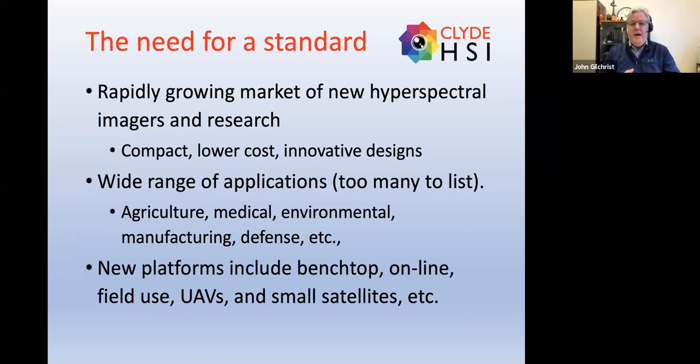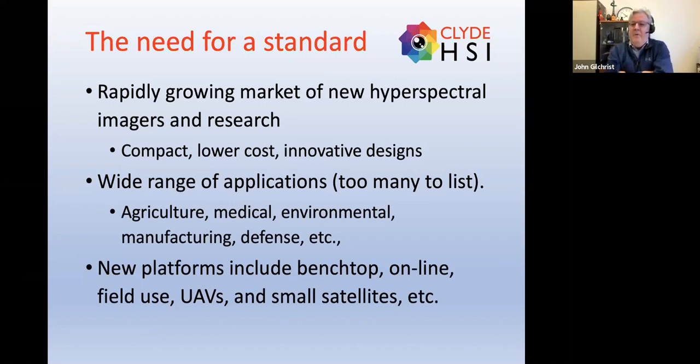As a result of that, and also because of the way that these instruments are deployed in such a wide range of modes of operation and methods of data acquisition, along with different types of customers who might be in machine vision or might be in remote sensing or might be medical or whatever, everyone speaks a different language.